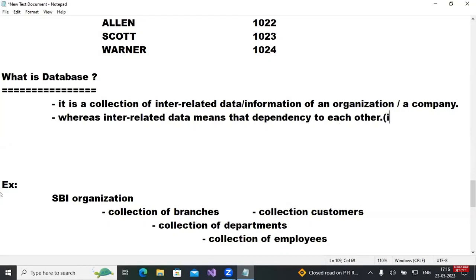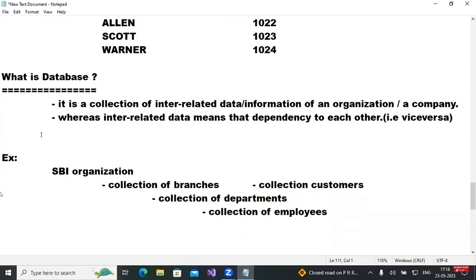That means what we call vice versa. Vice versa. Okay? So these are some examples to take here.